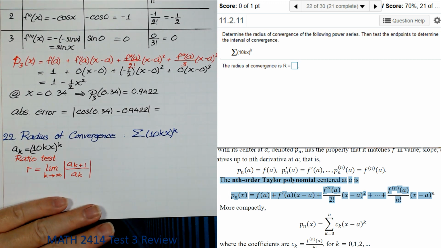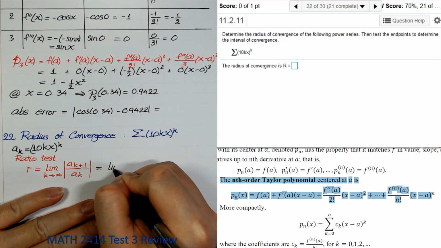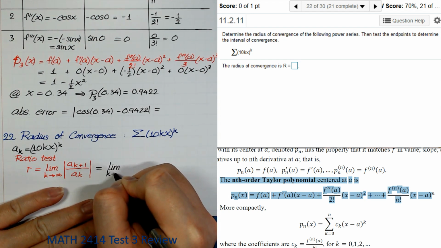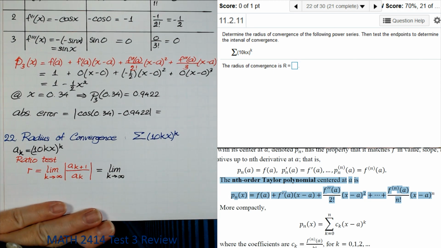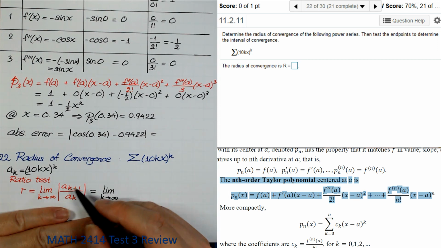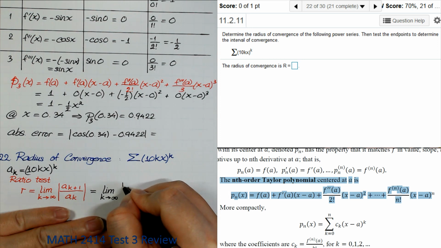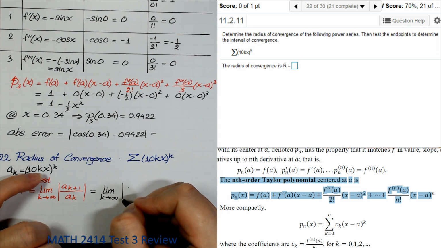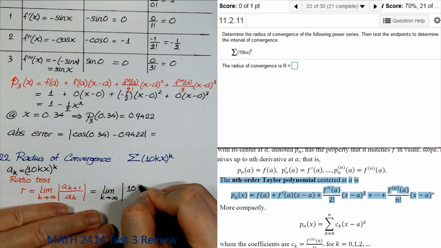Just do that. By the way, on this one, you will see, they don't have the ratio. That's what I'm trying to say. Notice that the only thing that changes is k. So instead of k, we have k plus 1.